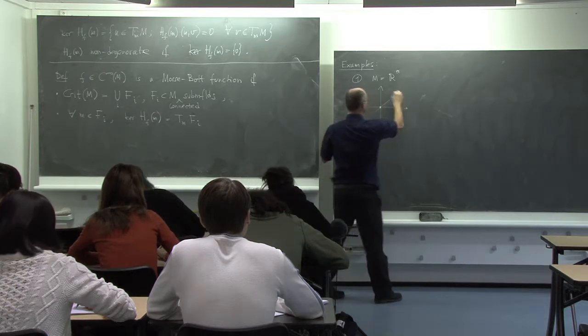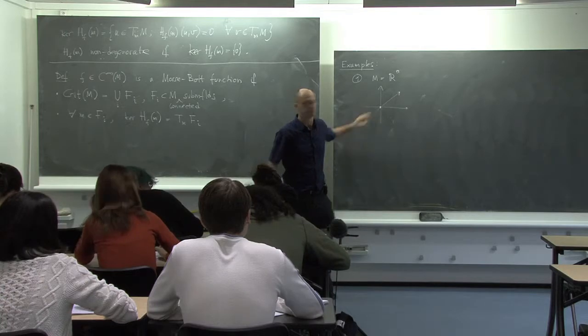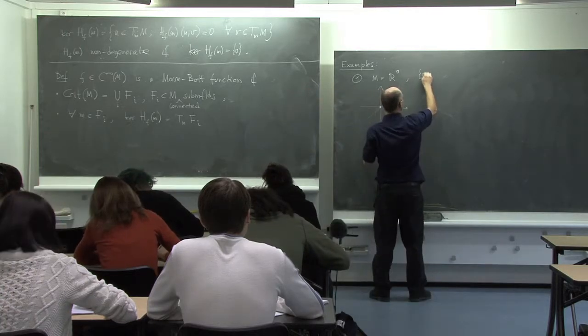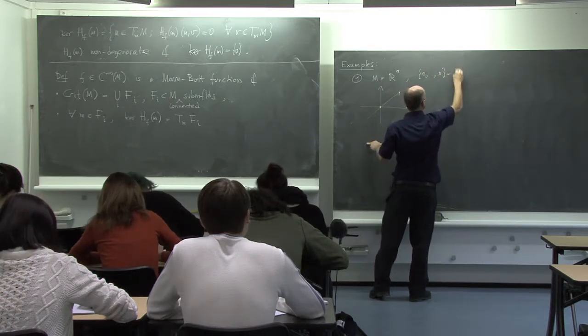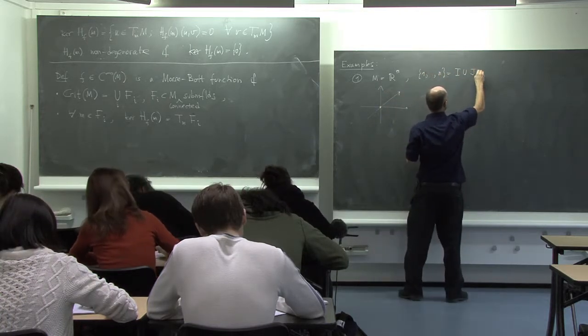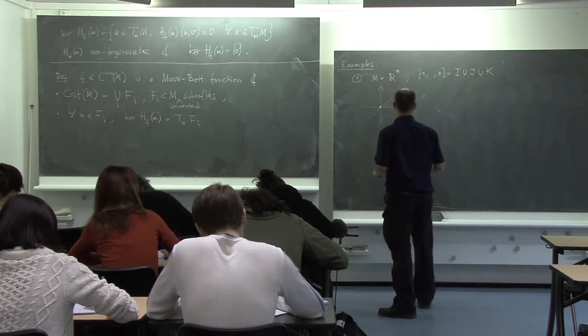I would like to split my coordinates into 3 groups. So I will split the set 1 to n into a disjoint union of I, J, and K. So there are 3 subsets.